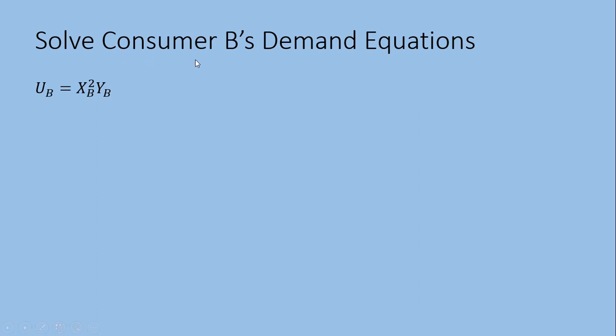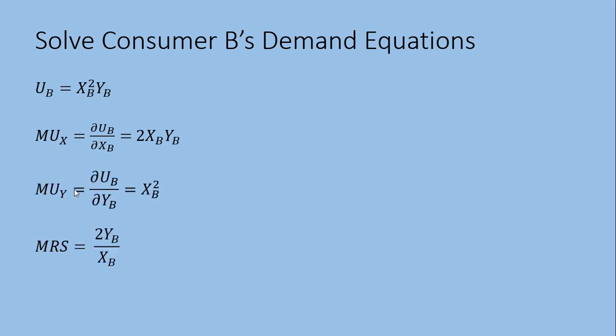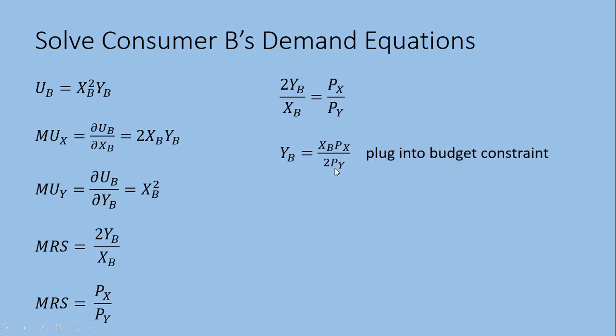Same thing now, but from consumer B's perspective. We're going to solve consumer B's demand equations, getting the marginal utility of good X, the marginal utility of good Y, and forming the marginal rate of substitution, which is the marginal utility of good X divided by the marginal utility of good Y. Setting that equal to the ratio of prices to maximize utility, making our substitution here, solving for Y subscript B, and plugging it now into consumer B's budget constraint.